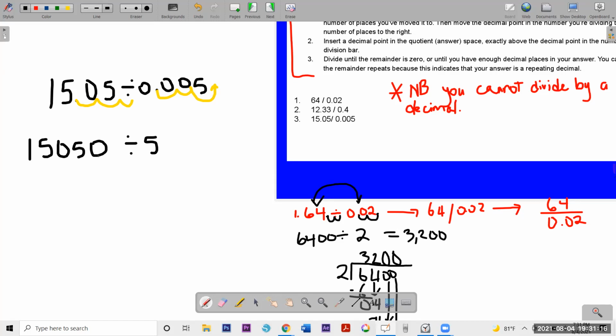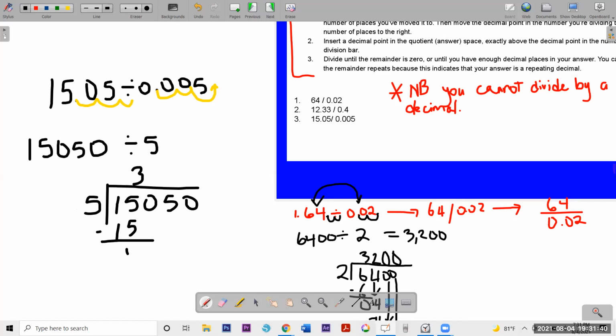So now we're gonna do our long division. So long division, 1, 5, 0, 5, 0. So we go in, we divide it by 5. So we can't say 5 into 1, so we're gonna say 5 into 15, which is 3. 3 times 5 is 15.